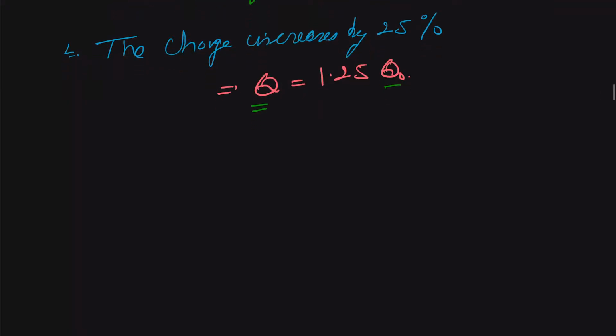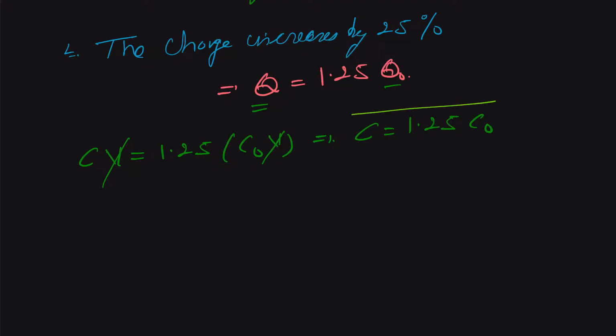So Q is CV, and this equals 1.25 times Q naught, which is C naught times V. V and V cancel out. This gives us that the final capacitance with dielectric is equal to 1.25 times C naught, which was without dielectric. Naught means no dielectric.